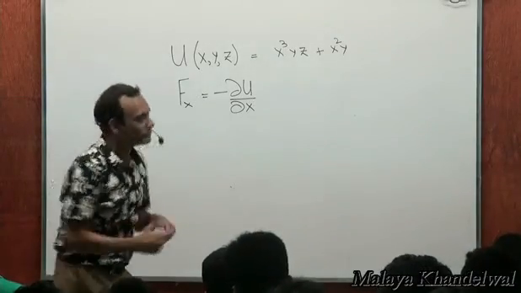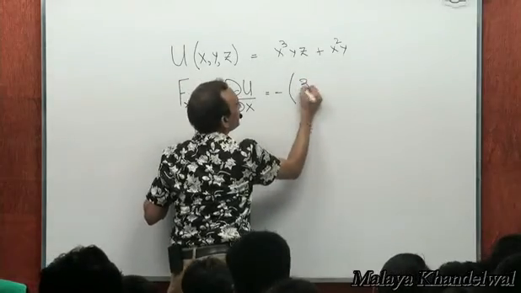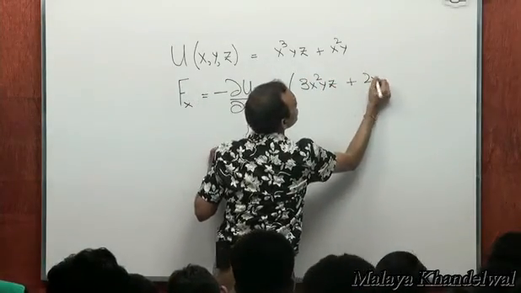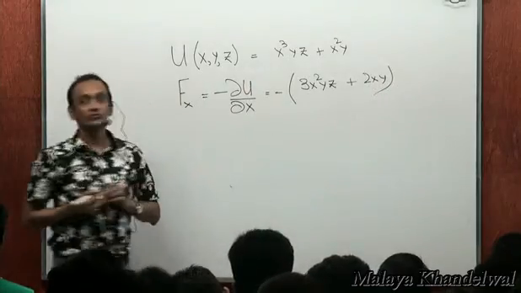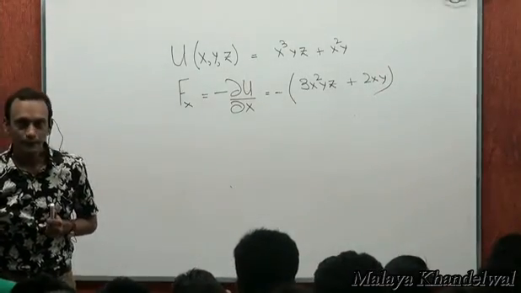So this is minus 3x squared yz plus 2xy. This was the x component of the force at any x, y, z, right?